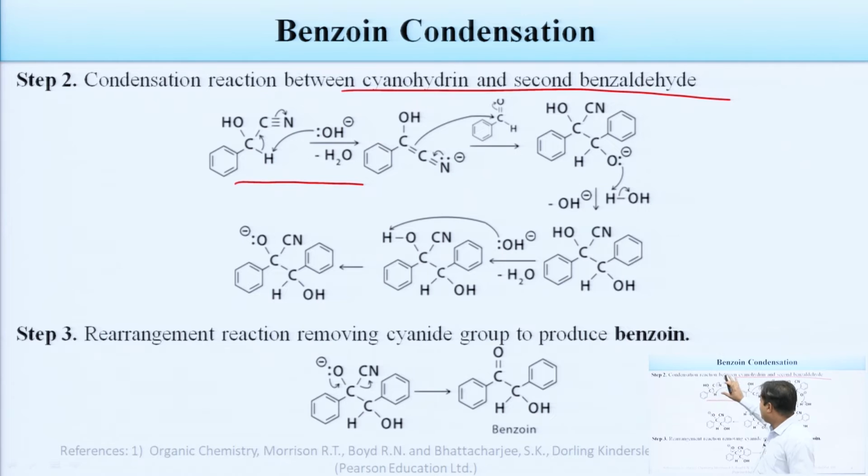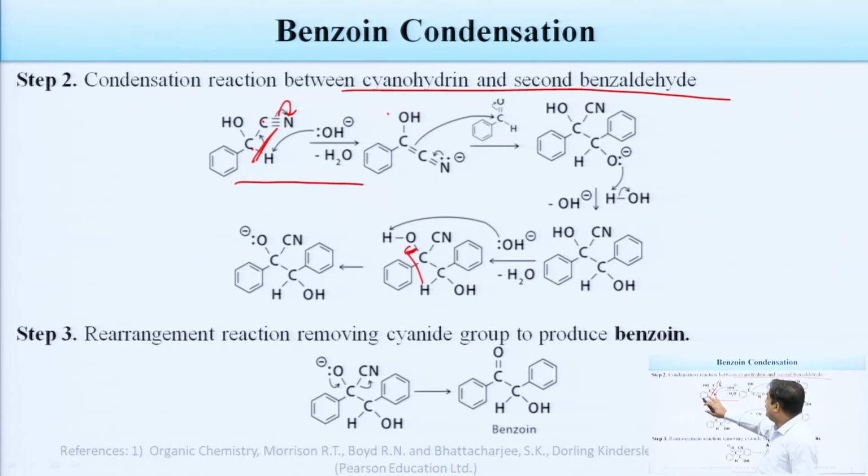Okay. Basic medium is there, hydroxyl ions are there. So, now you can see these electrons will be moving towards the more electronegative nitrogen atom. In this process, this carbon becomes positively charged. When this carbon becomes positively charged, this bond will be broken and these electrons will be utilized to form a new bond between this carbon and the cyanide carbon.